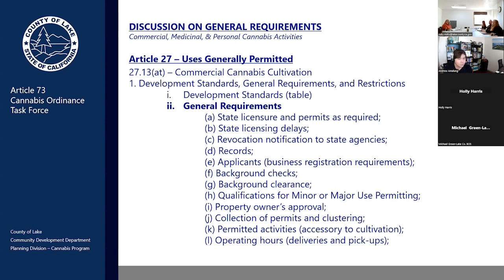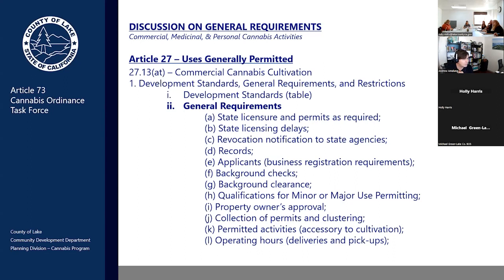But just to go through that list, the general requirements in this section for cultivation include state licensure and permits as required, state licensing delays and what to do when we encounter those, and revocation notifications to the state agencies. At the time, it was BCC; our ordinance refers to the Bureau of Cannabis Control. However, now we work with the DCC, Department of Cannabis Control.